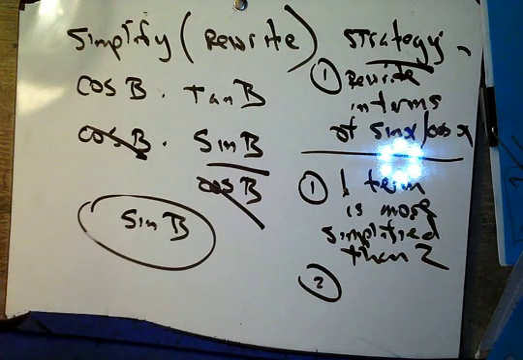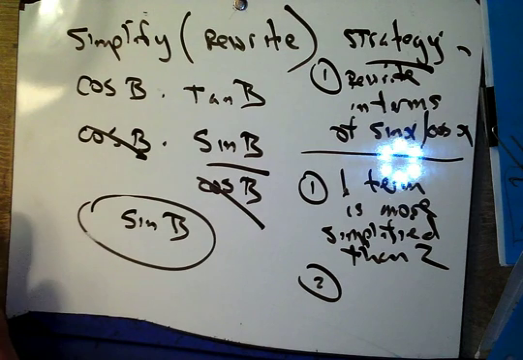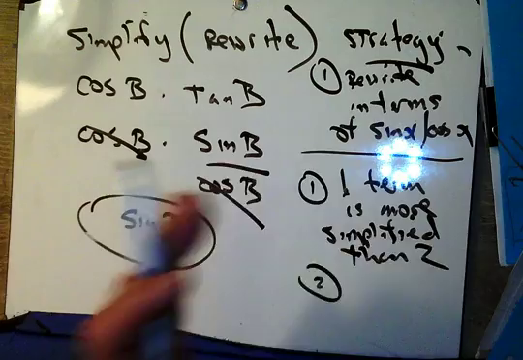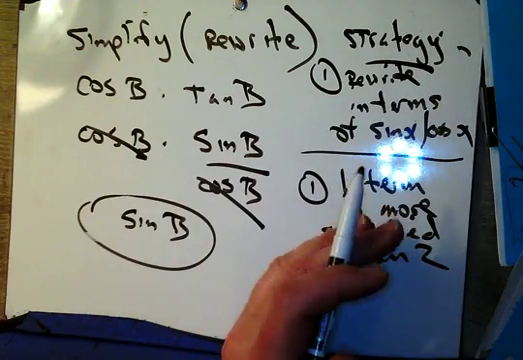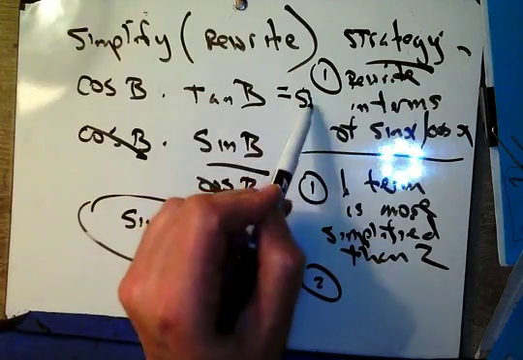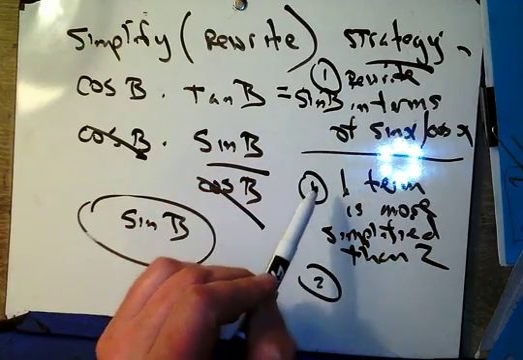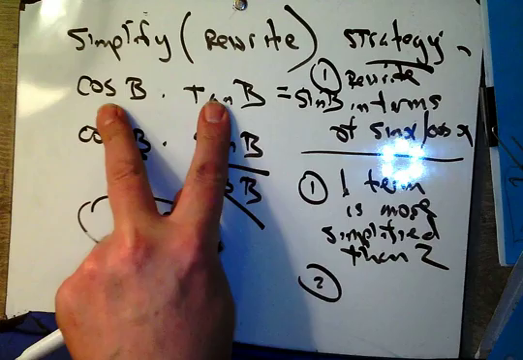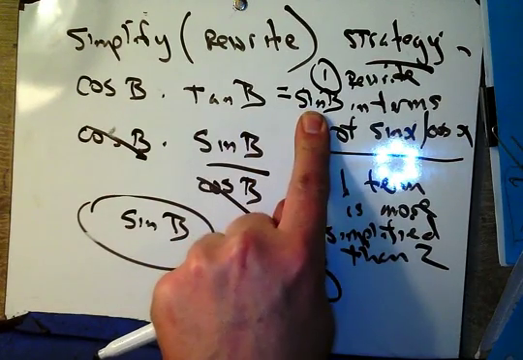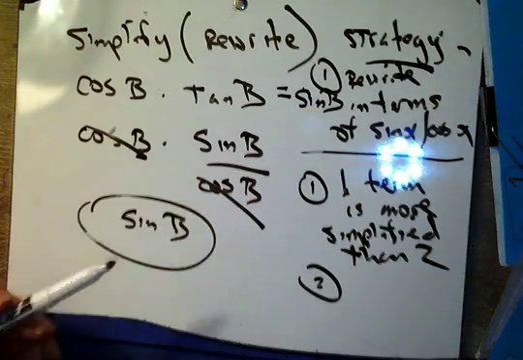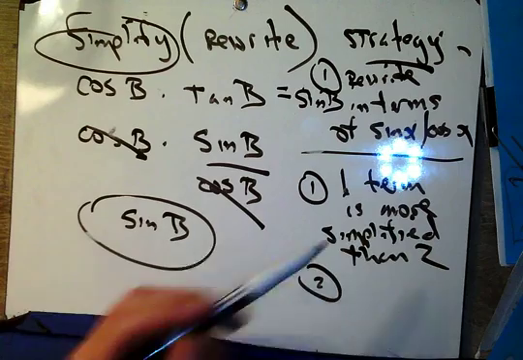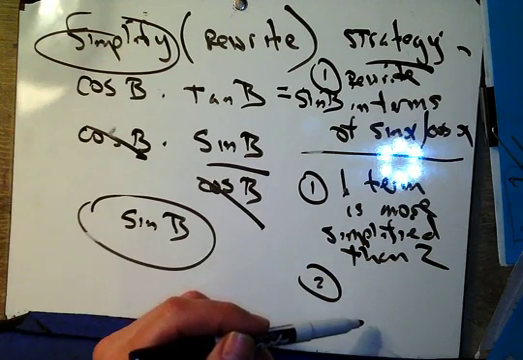And I want to say, don't worry about that, because when we get to day 3, they're going to start telling us, this is equal to sine beta, and they're just going to ask us to show how this stuff turns into it. So eventually they'll tell us what our answer should look like, but while we're starting, we're just really thinking about simplifying. One term is more simplified than two.